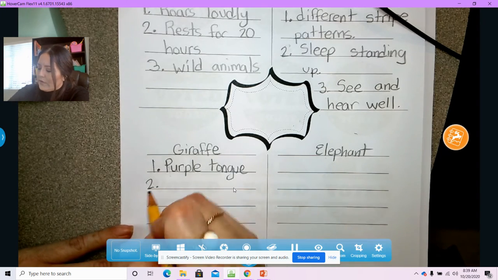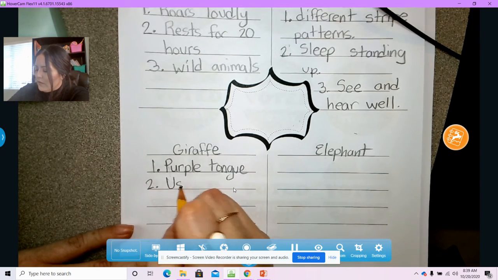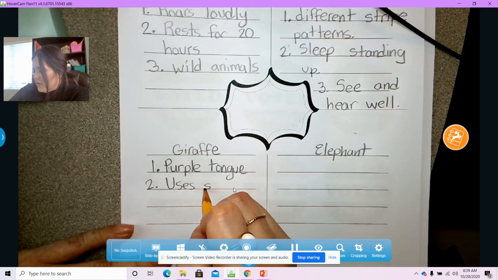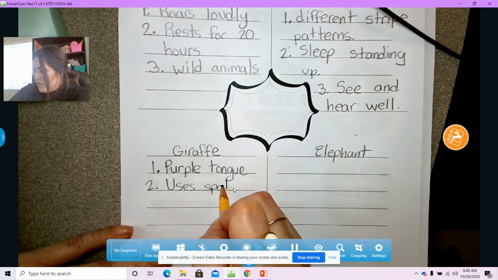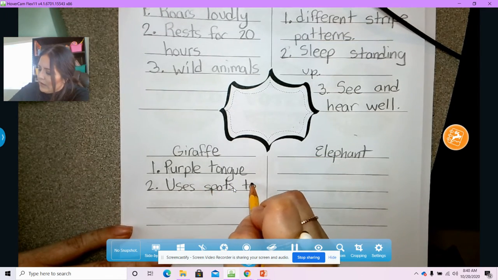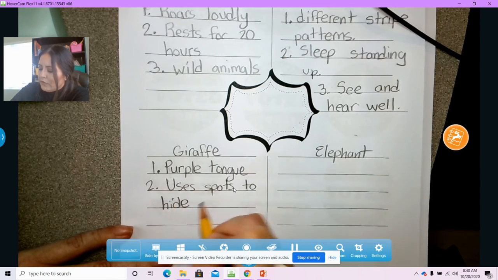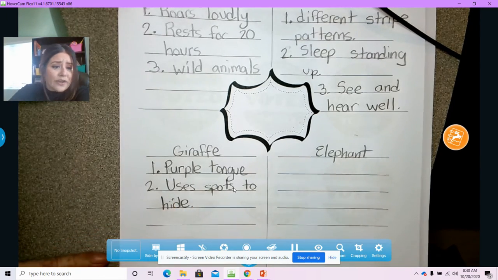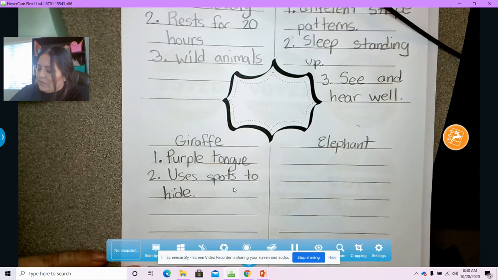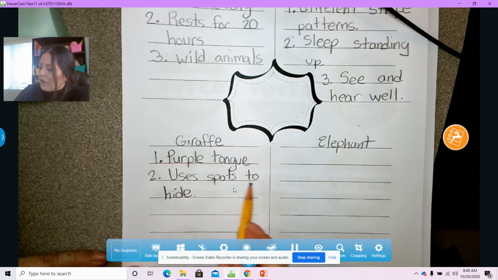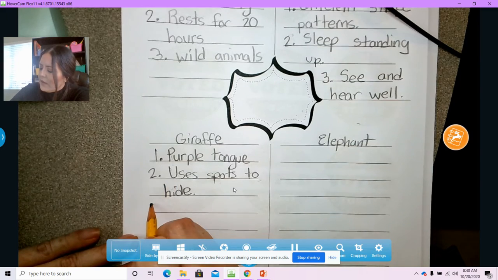A giraffe uses spots to hide. We'll leave it at that, but we know that they use it to hide from predators. Uses spots to hide.